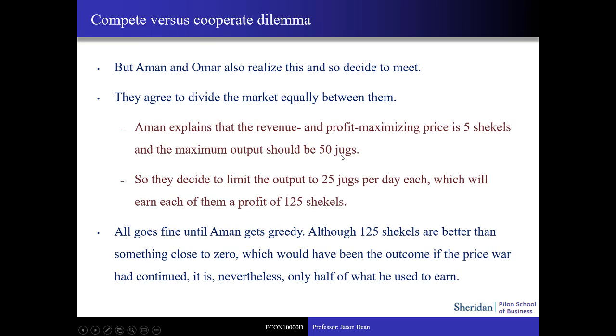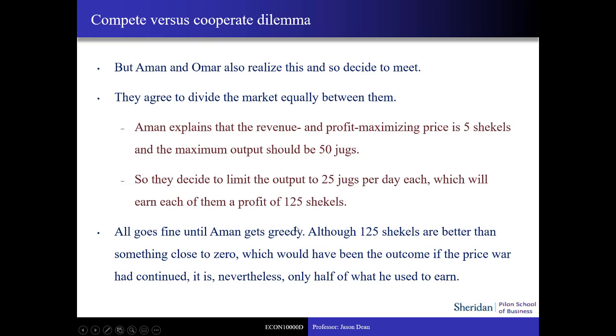That was 50 jugs, if you remember, and then a price of 5. So the best option for both of them would be to collude and behave as a monopolist. They would, in total, want to produce 50 jugs of water and then split that up. So each will produce 25, and then they both charge a price of 5 shekels.